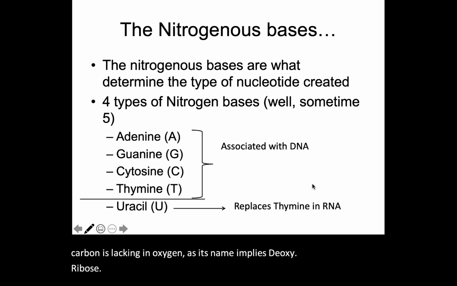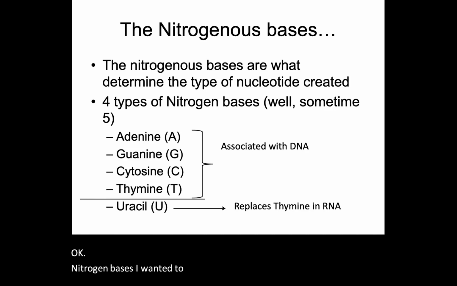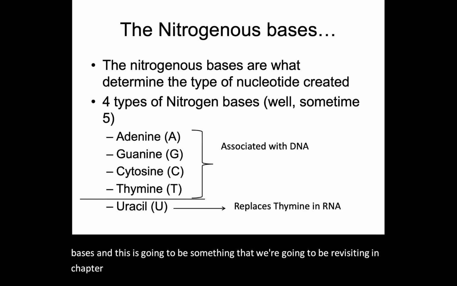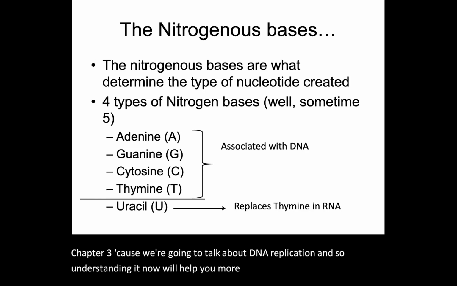Okay. So, nitrogen bases. I want to spend a few minutes talking about nitrogen bases, and this is something we're going to be revisiting in Chapter 3, because we're going to talk about DNA replication. Understanding it now will help you more in Chapter 3.